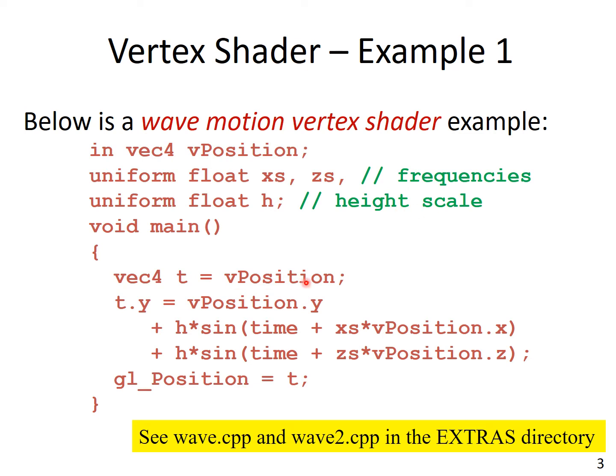We start with the original vertex position, assign it to the variable t, and alter its y value based on this formula, which is the sum of the initial y value plus two sine functions. The sine functions get multiplied with the height scale and then calculate the sine value of time plus the x frequency multiplied with the x value of the position and the z frequency multiplied with the z position of the vertex.